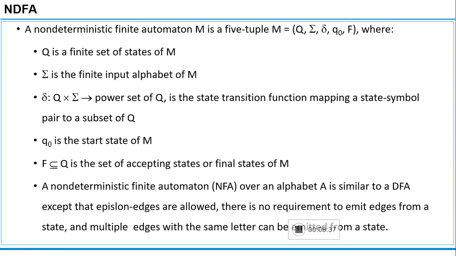As I have discussed earlier, when you're going to read an input symbol, it can move to only one state in the case of deterministic finite automata. But in the case of non-deterministic finite automata, it can read the same input symbol and it can move on to many states. So multiple edges with the same letter can be possible.